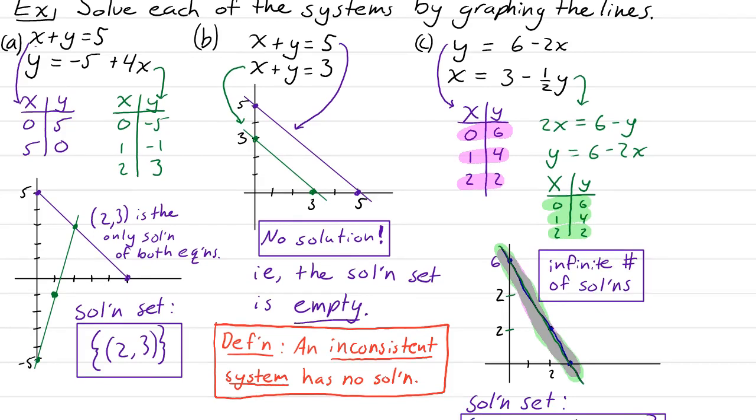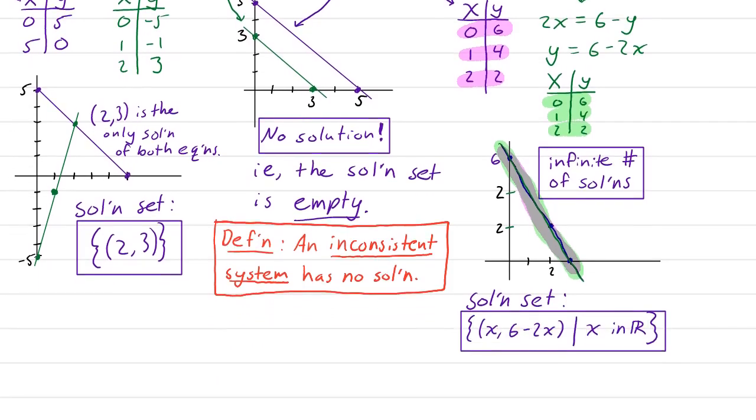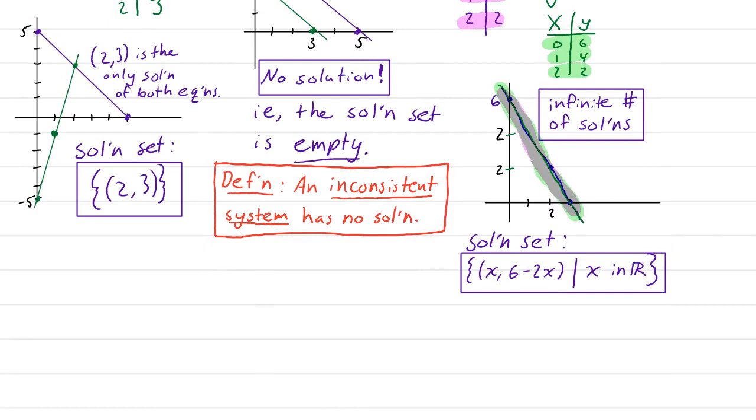Now there's actually another way to write this. You could write this in what's called set builder notation, or you could also call this parametric form.